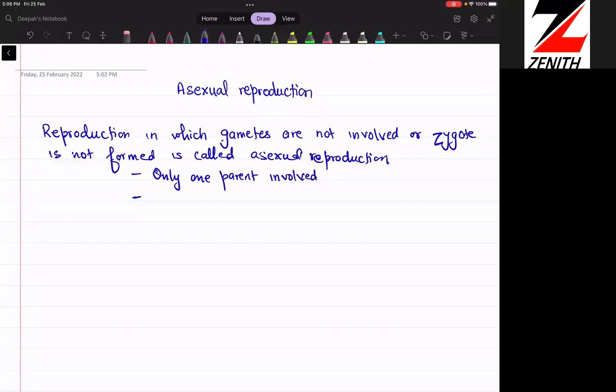Anyone, what is the right word for it? Is identical to the parent. Very good. Offspring are identical to the parents. And what's the scientific word for offspring being identical to the parents? Clones of parents. Offspring are clones of parents.